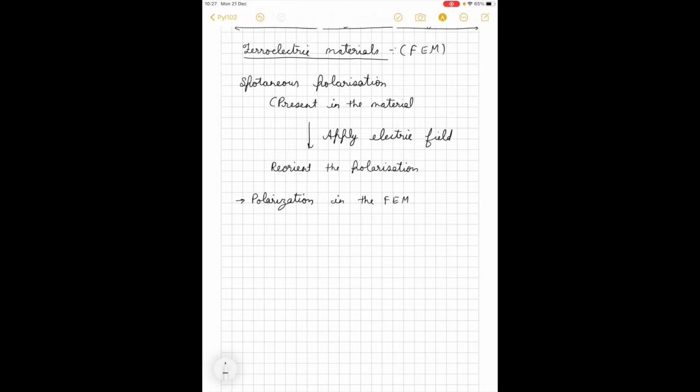So the polarization in the ferroelectric material can exist in the absence of electric field, which I'll denote as the absence of E, under a certain range of temperature and pressure.